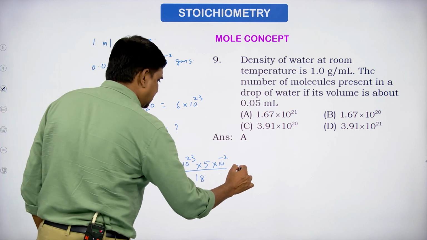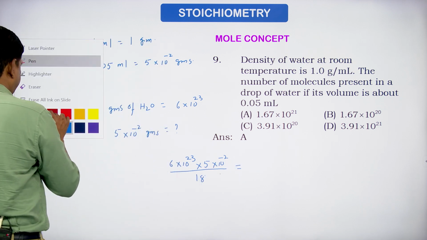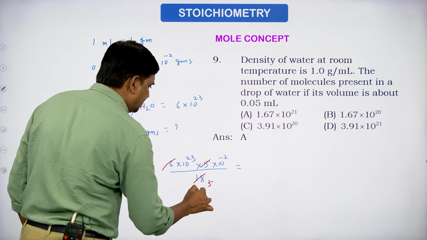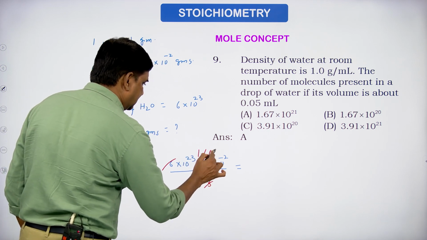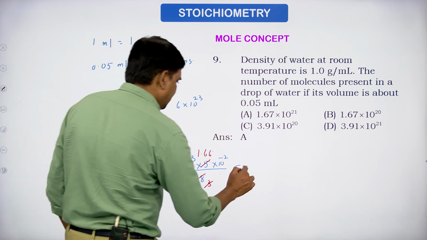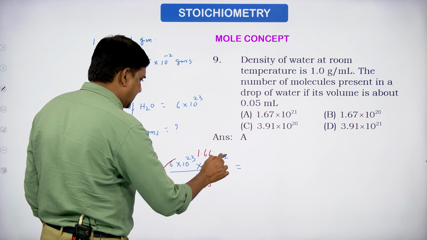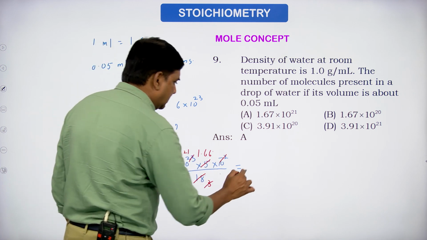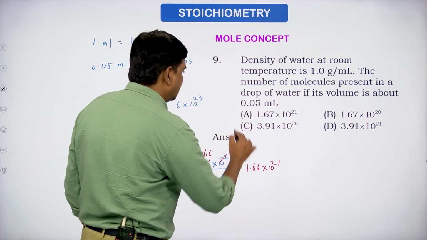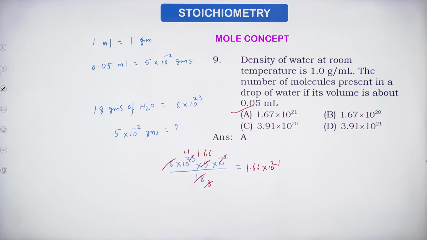If you do this, how much will you get? This is 3 times, and this is 166. So 1.66 into 10 power 21, and these two will get cancelled. So the answer is A.